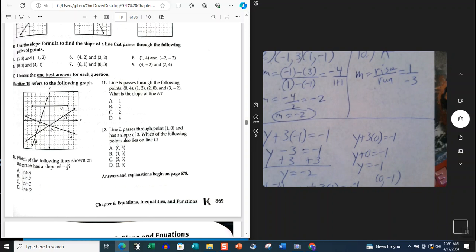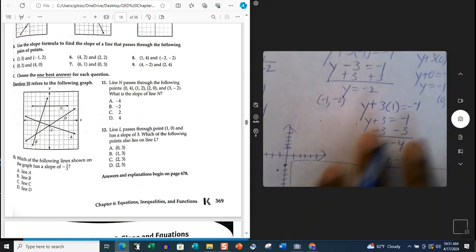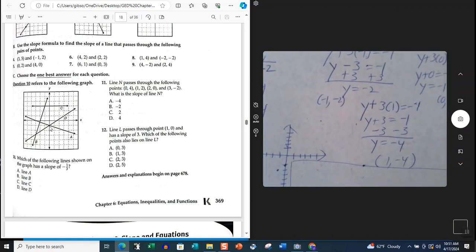Okay, now we go here to problem 11. It says line N passes through the following points. They give us these 4 points. What is the slope of line N?